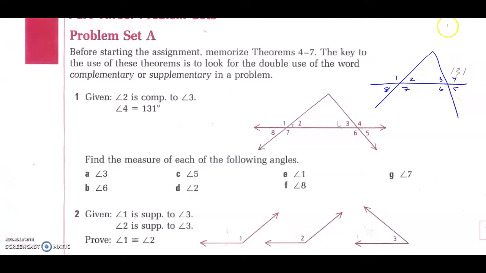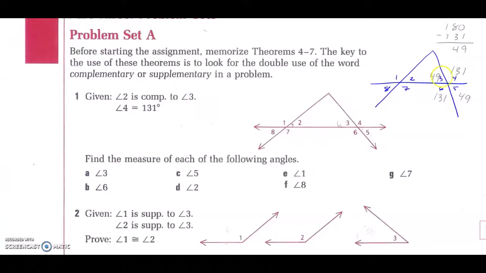Well, what's 180 minus 131? Because if they're supplementary, they form a straight angle. So that should be 49. And this is also a supplement. That should be 49. And the supplement of 49 is 131.